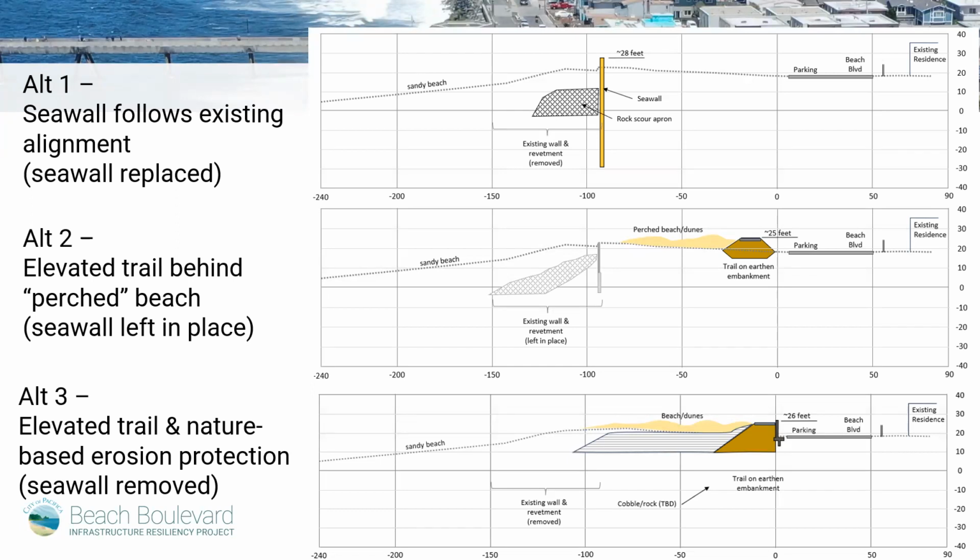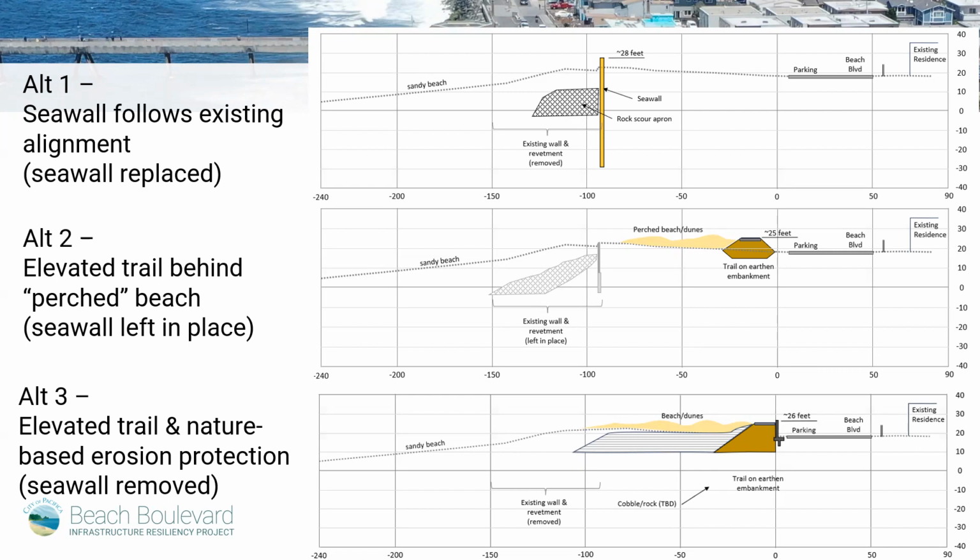And then the space in between would be left open for beach and dunes, whether that takes the form of a dune restoration or whether that's left as a recreational area is kind of up in the air or to be determined. And then alternative 3 is the scenario in which that existing seawall and rock is taken away and replaced with a nature-based solution that consists of cobble and beach. And then similarly to alternative 2, an elevated trail along the back end, along that parking lot.